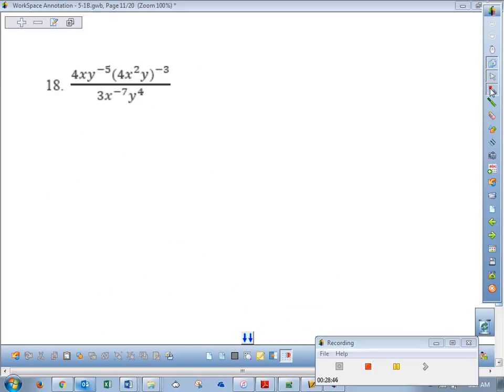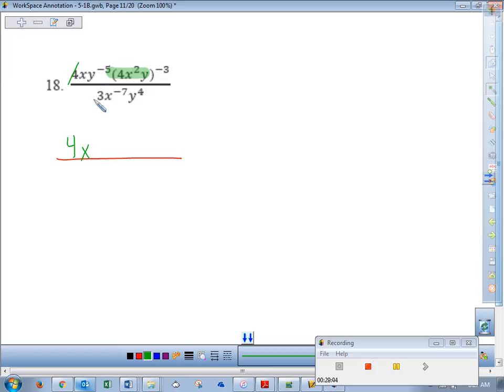And what I really notice is this group again. The whole group is raised to a negative exponent. So move everything that needs to be moved and keep everything that needs to be kept. 4 stays. X stays. Keep rolling. And check yours with mine.